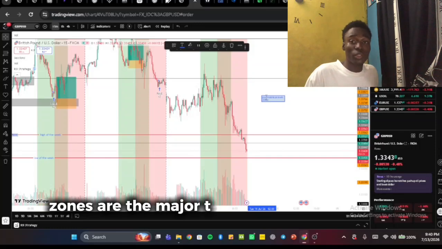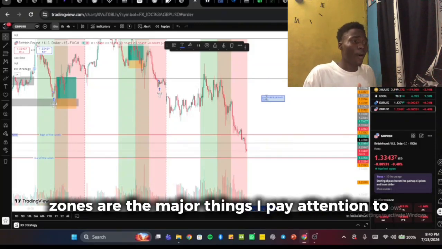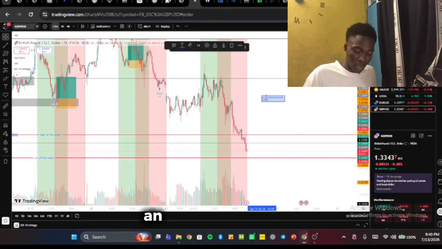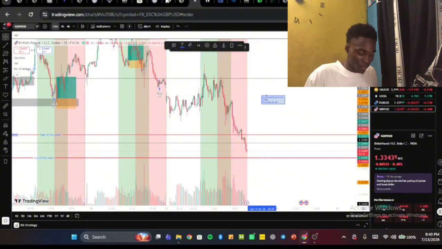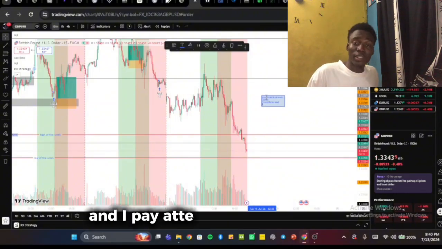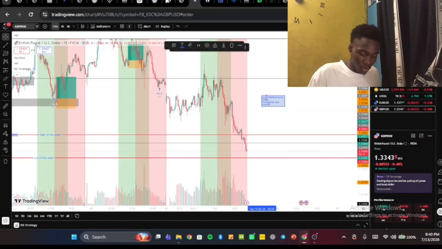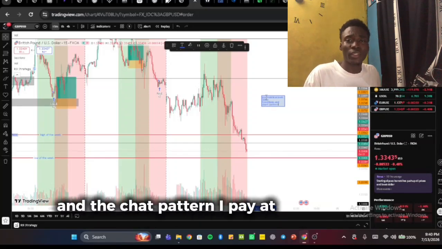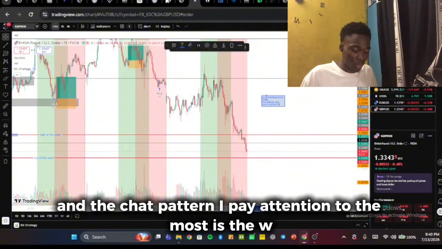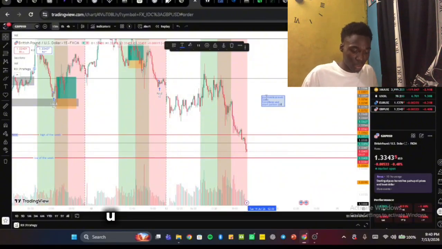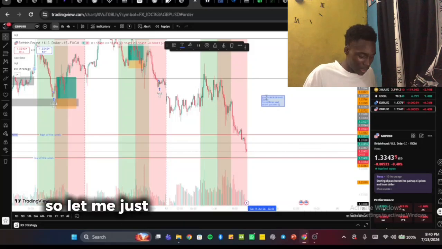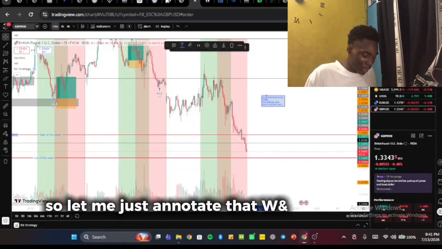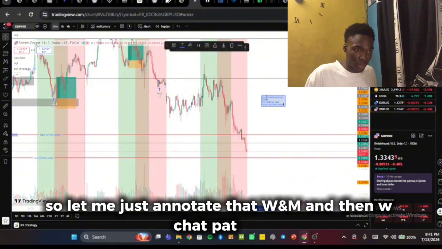Zones are the major things I pay attention to most times currently, and I use trend lines, and I pay attention to chart patterns. The chart pattern I pay attention to the most is the W and M chart pattern. So let me just annotate that, the M and W chart pattern.